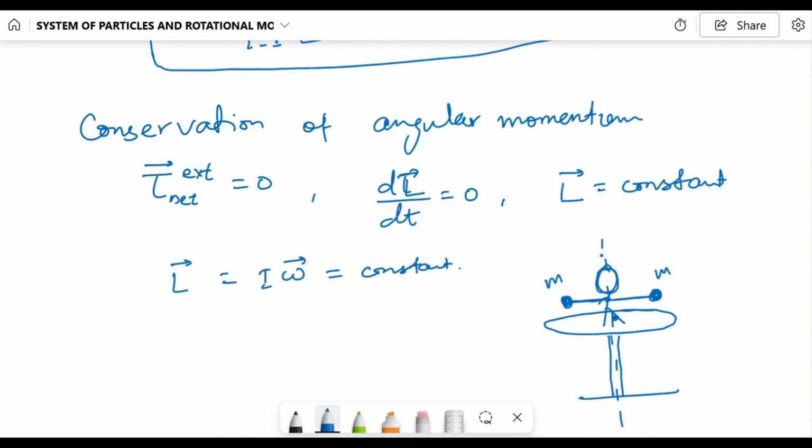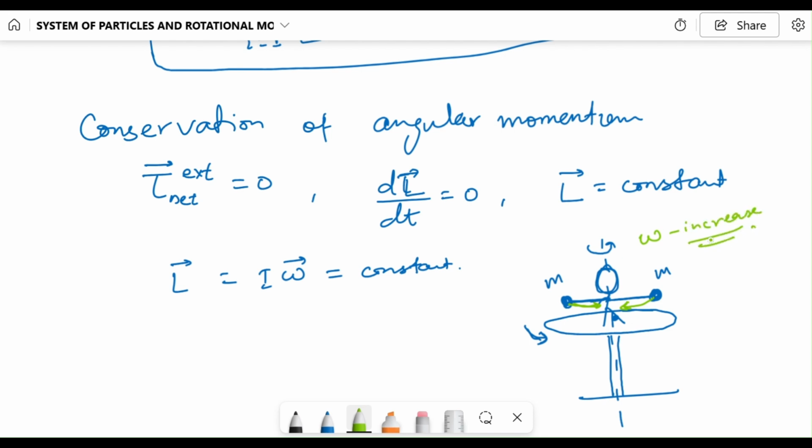If someone pushes this revolving table and brings it into rotation, it will start rotating, and once it has been set to rotate, no one interferes with its motion, so there is no net torque. What you have observed, if you have seen such an experiment, is that if this person brings these two masses near the axis of rotation passing through the body, he starts rotating faster, that is, angular velocity increases.